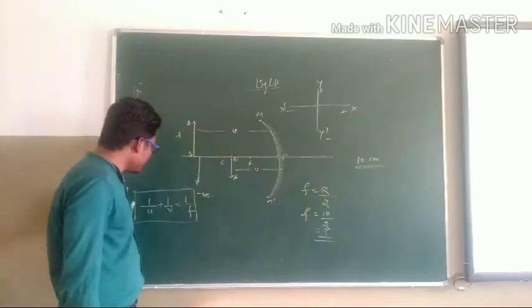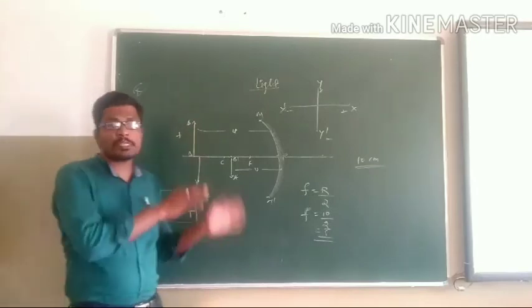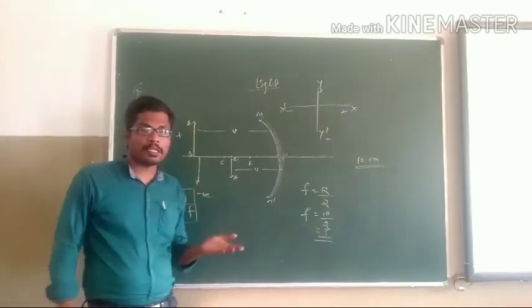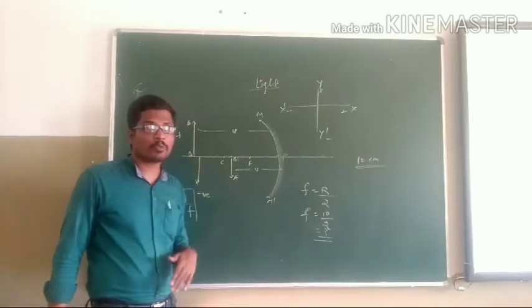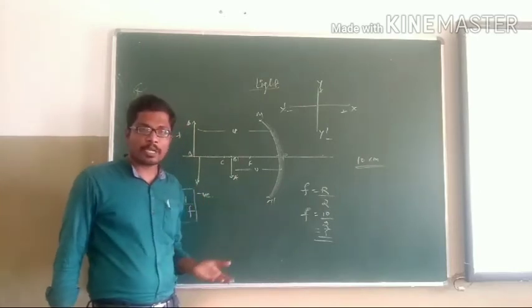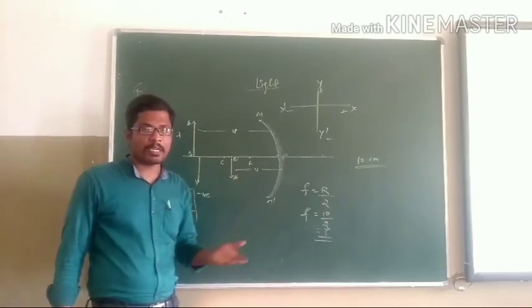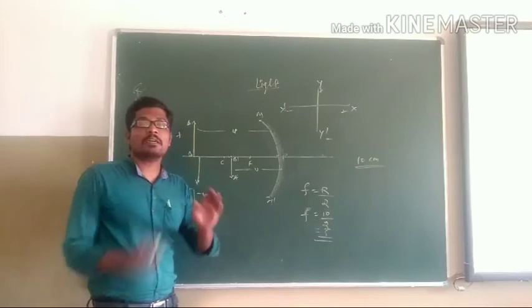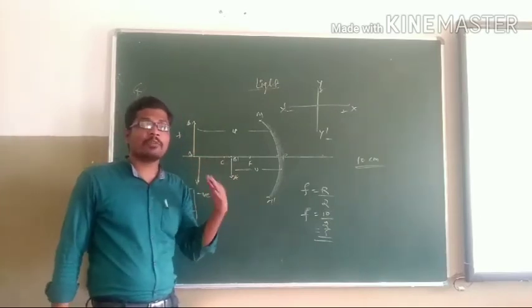And this relationship is the mirror formula. In a previous year or any other year, we needed to derive the mirror formula. But at the present moment, there is no need to derive it, because in the syllabus given presently the derivation is not there, and it is not coming in your exams also.